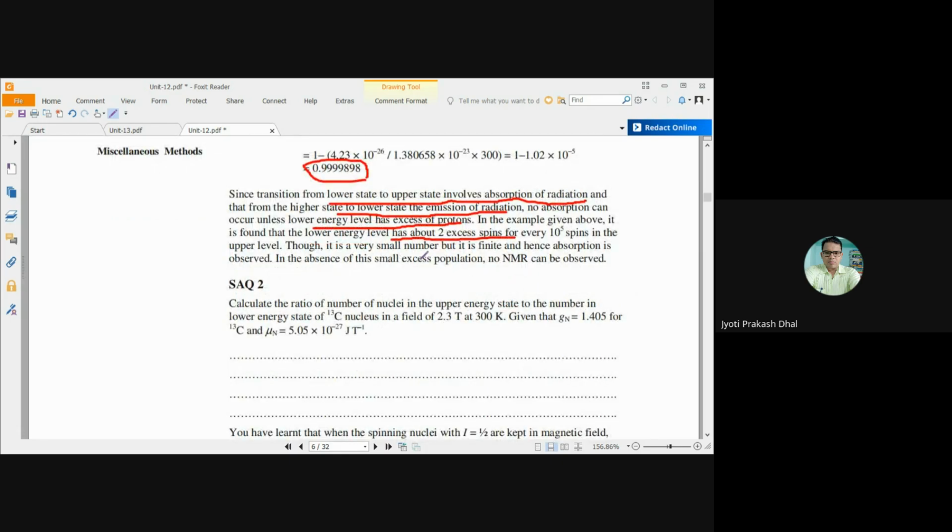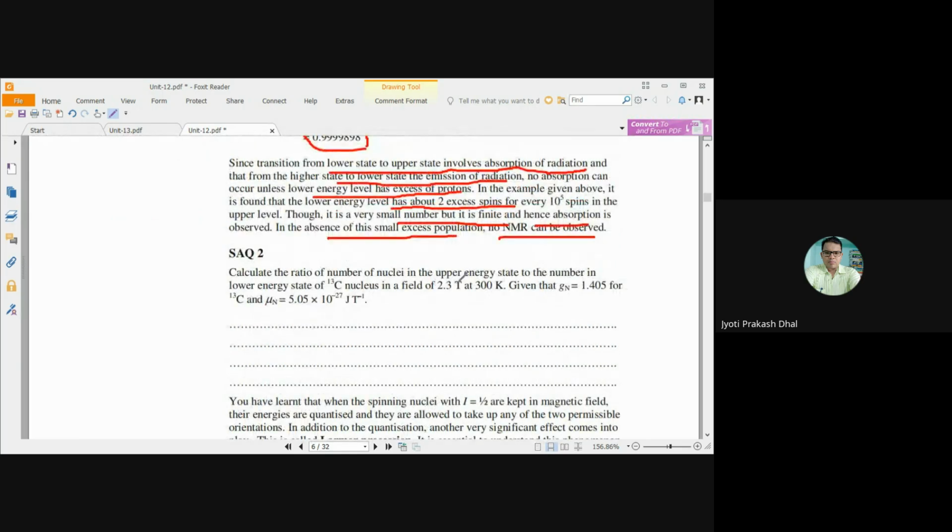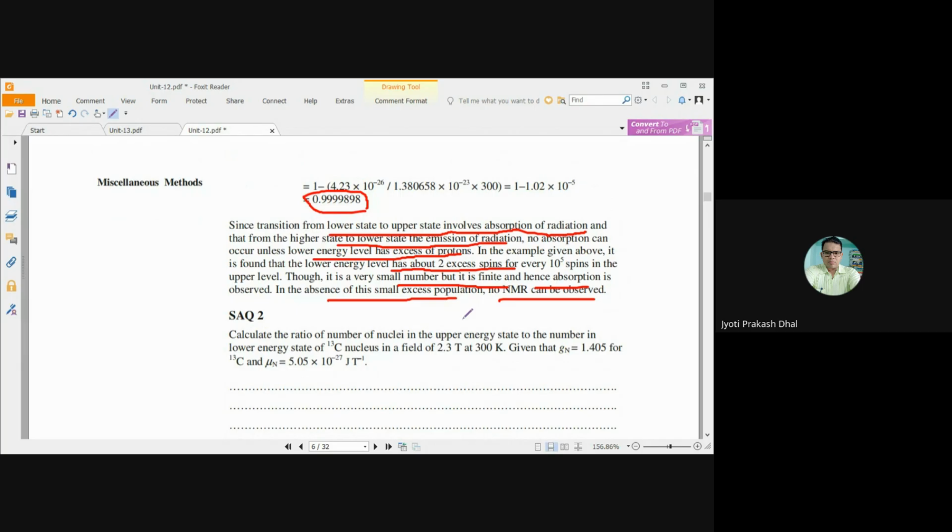Thus, it is a very small number but is finite, and hence the absorption is observed, and in the absence of this small excess of population, no NMR can be observed. So only two excess spins are there in the lower energy level, that's why NMR will be observed. But if the number of spins is the same, then no NMR will be observed.